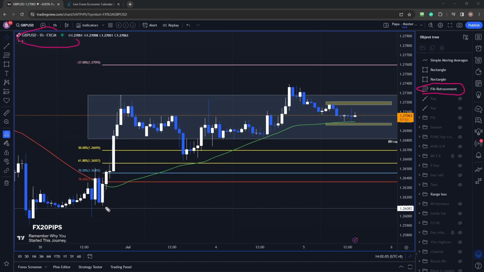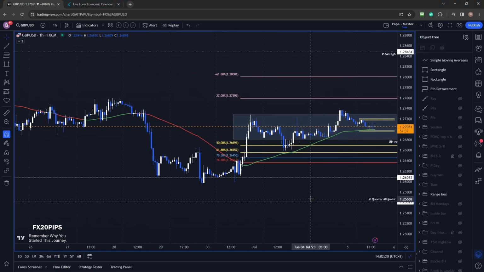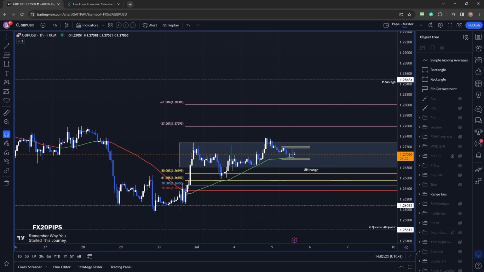So basically I just ran a fib from the last bullish leg here, where it retraces, and then it ranges and shot up here. Based on this fib, we are looking for a potential move to these two levels, 1.28001 again. This is the US bank holiday here.